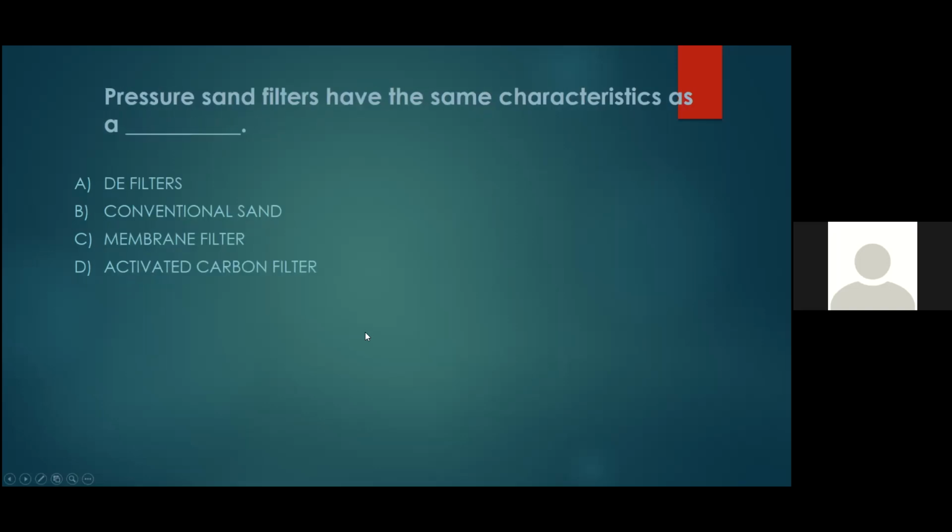Okay, pressure sand filters. We talked about filters. Pressure sand has the exact same characteristics as which of these filters? See a bunch of B's there. It's going to be the conventional sand.